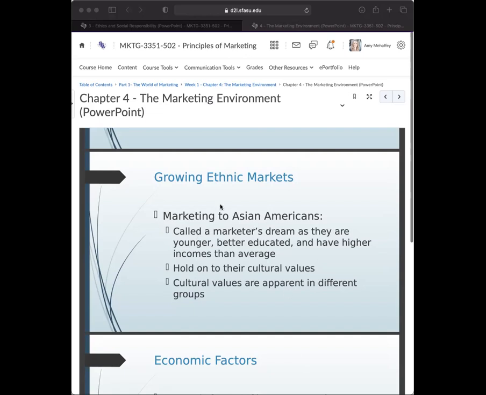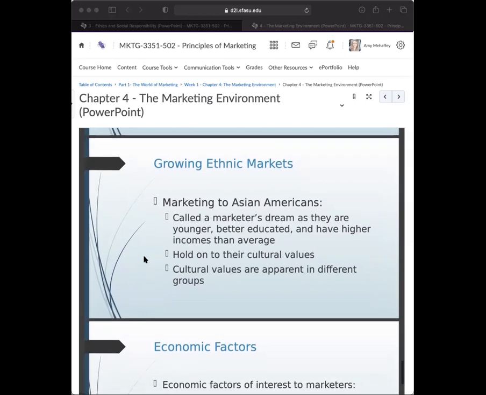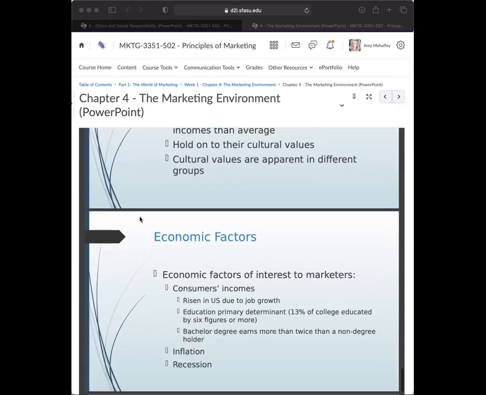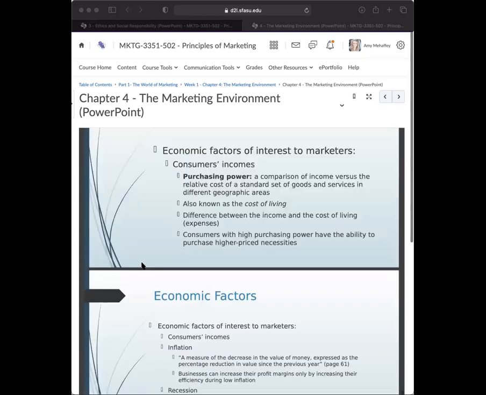Well, if I know these things right here that are statistically proven to be something that Asian Americans have or value, then I can say, okay, I understand this group of people and I can provide value to them in a certain way. So this can happen with economics. This can happen with just demographics in general.